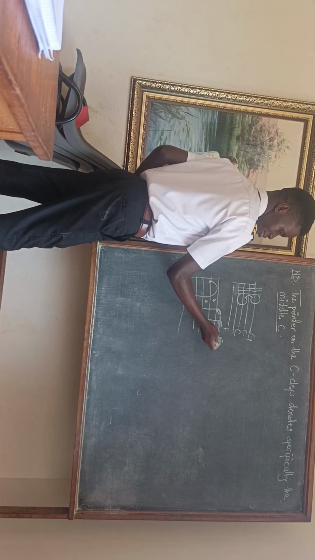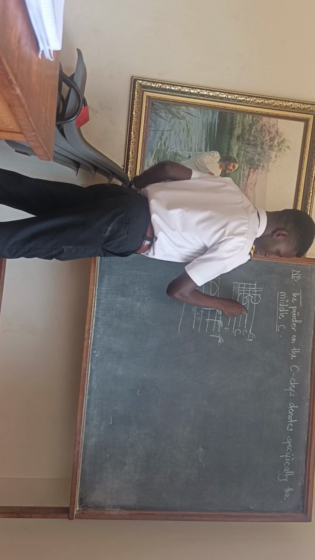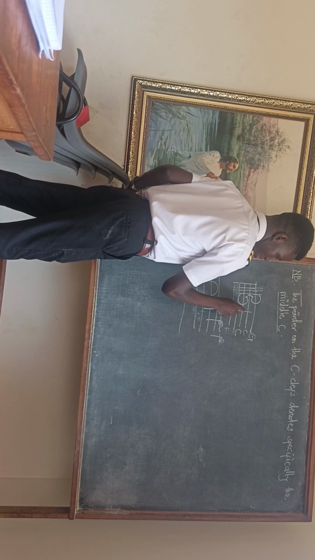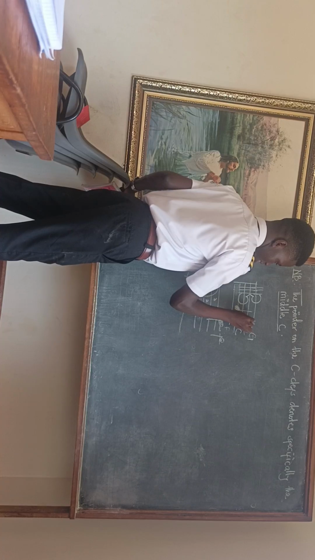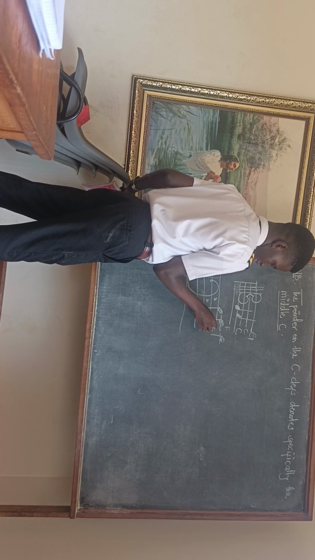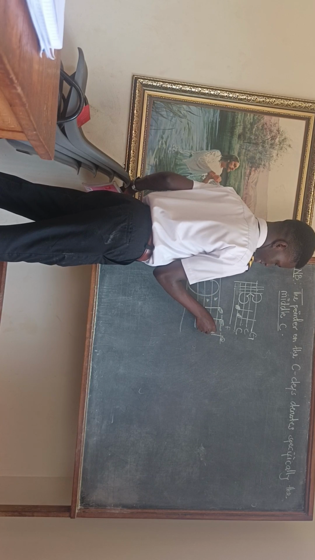This time, I don't have to use all these ledger lines. This B is right there. This was B, this was C, and this is A.